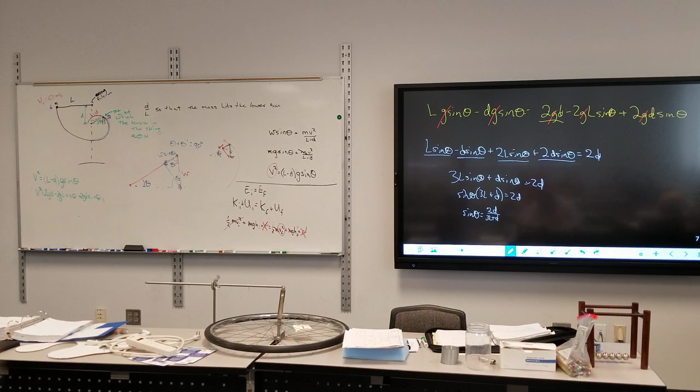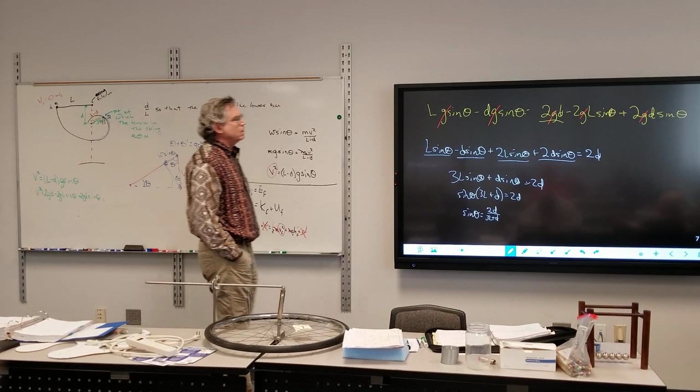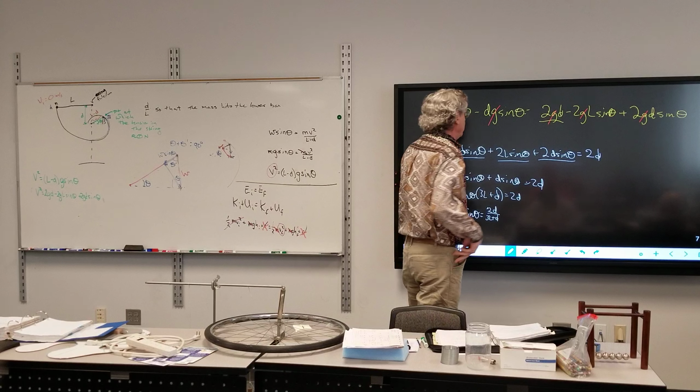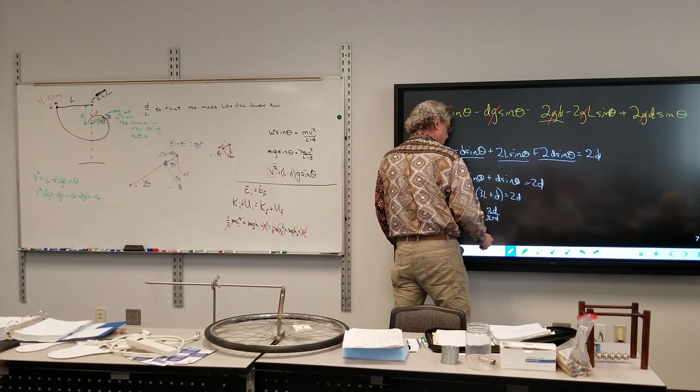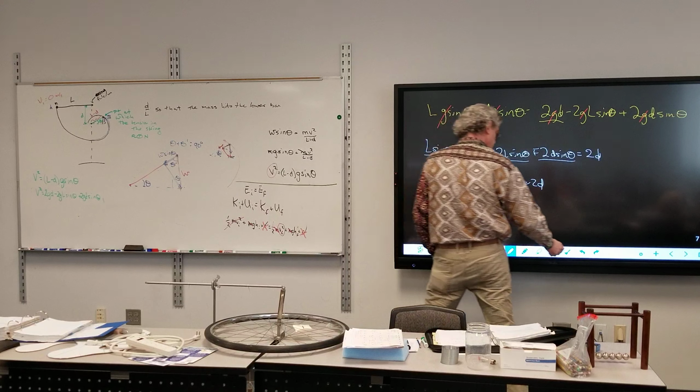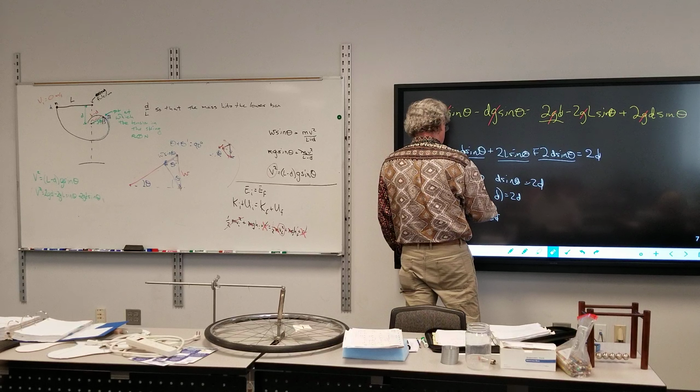So if I know whatever D over L is, I can easily figure out what that angle is. In the first white equation there, wouldn't it be minus 2D sine theta? It would be. So that makes this change.